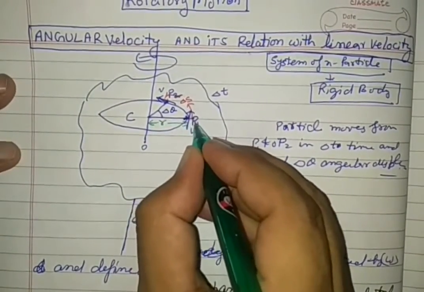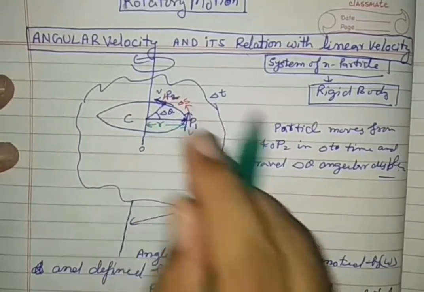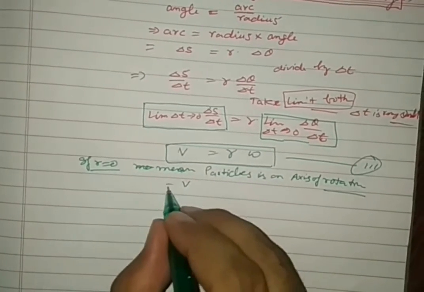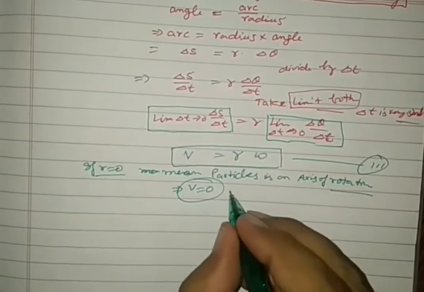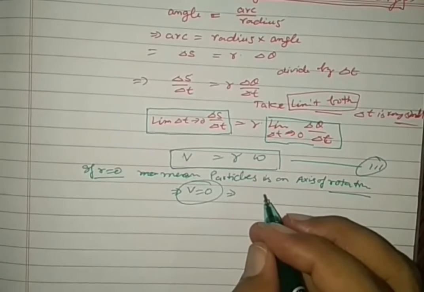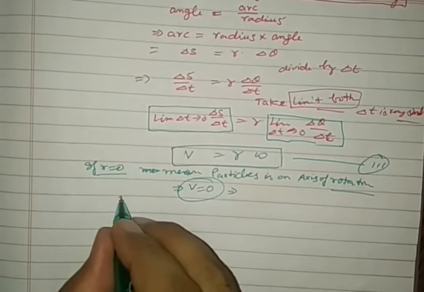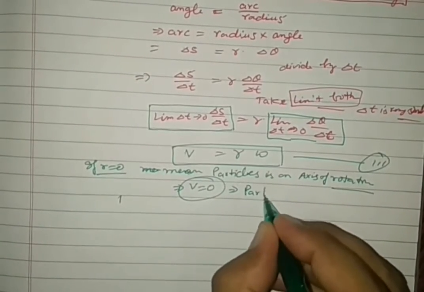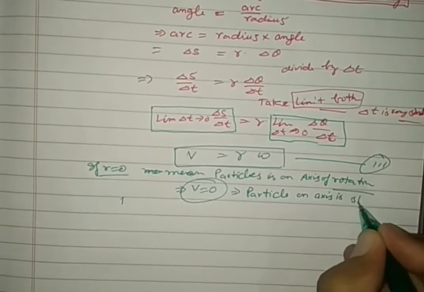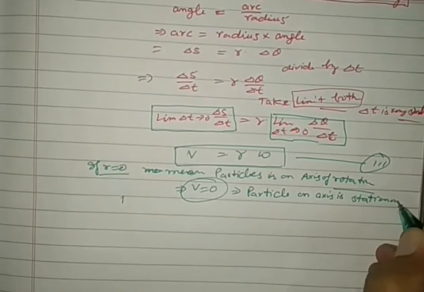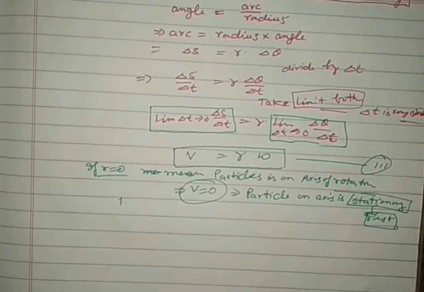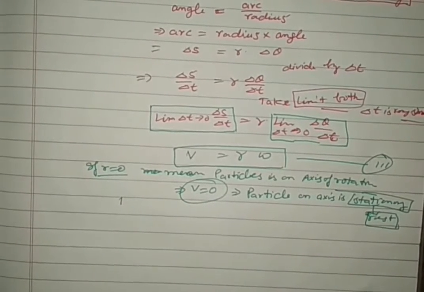If r is 0, it means the particle P1 is at C. Now if r is equal to 0, this implies that v is equal to 0. So the particle on the axis is stationary. Stationary means at rest, not in motion.